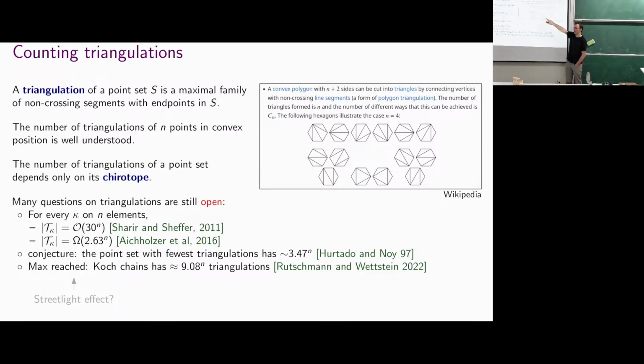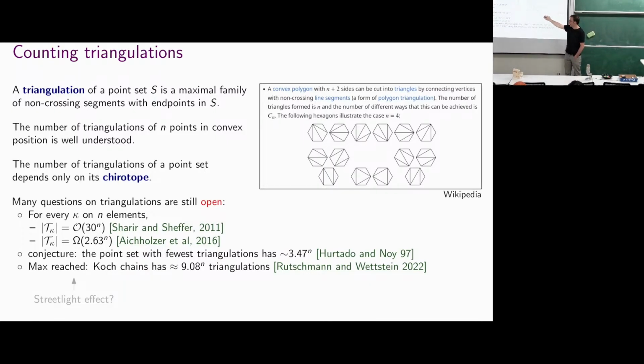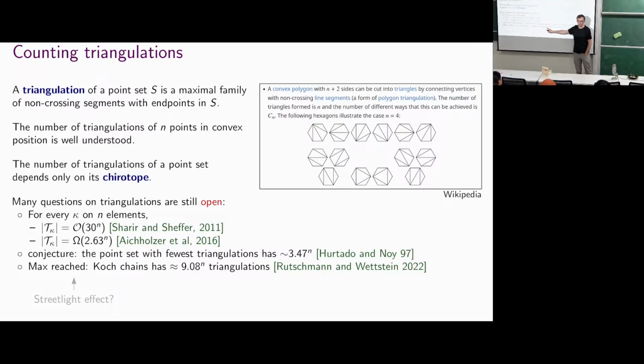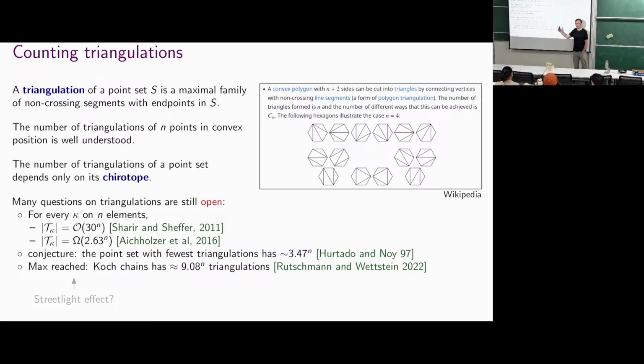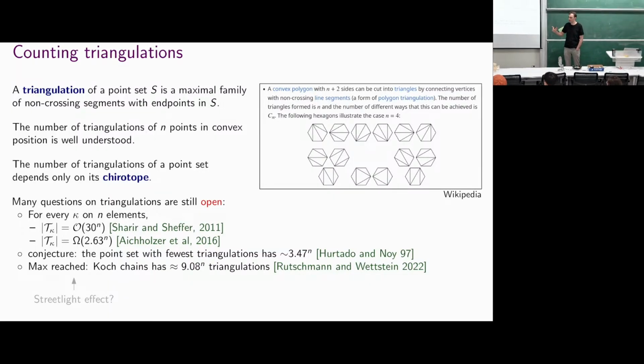That means that it is in every triangulation. That's obvious for the edges that are on the outside. The example with the largest number of triangulations that we know has a lot of those edges, which is somewhat counterintuitive, because that means you have less room to flip edges and create new triangulations.